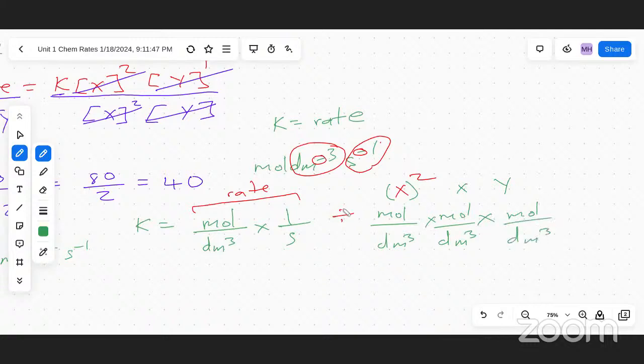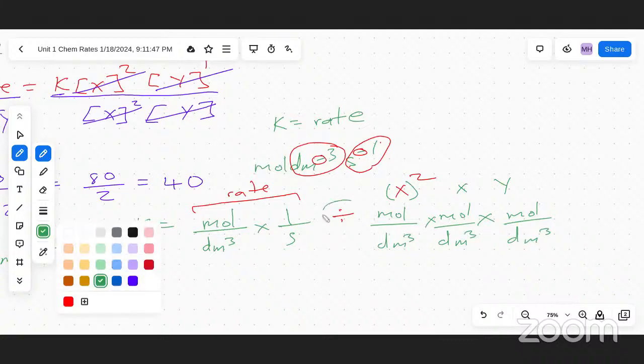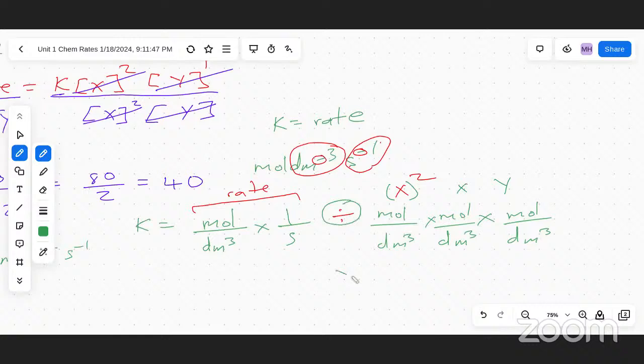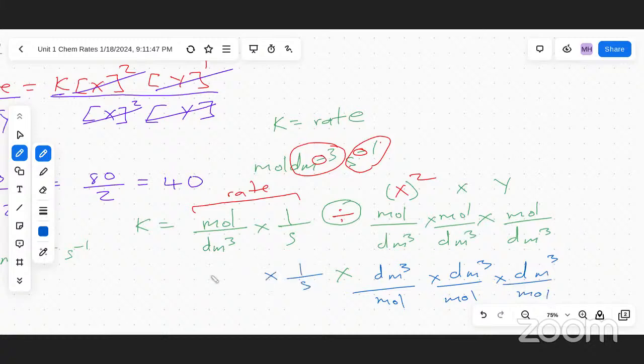As usual, we change the division sign to a multiplication sign, and then everything over here will flip. So it becomes dm cube per mole, dm cube per mole, dm cube per mole. And over here, it stays as is: mole per dm cube. So dm cube cancels dm cube, mole cancels mole.